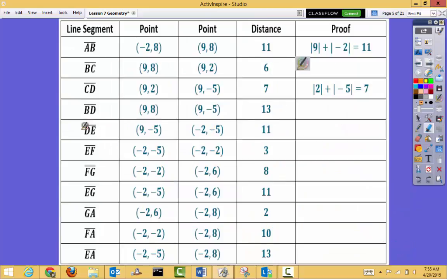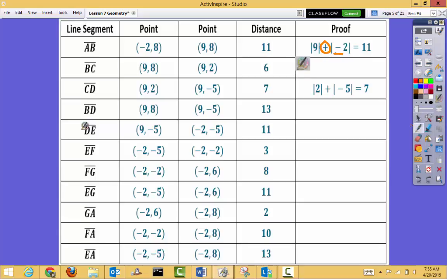All right, let's continue. Okay, so here I'm going to do just some proof solving. We see 9 plus -2. We're adding them. Why? Because they have different signs, a positive and a negative. Here I'm adding because there's different signs. So you're just going to do some proof checking on these.